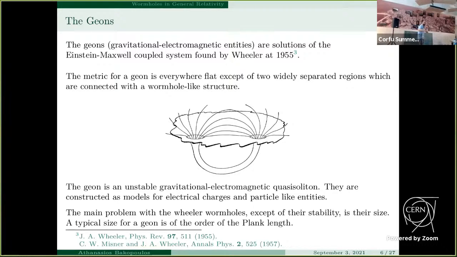Today, we could say that the Geon is an unstable gravitational electromagnetic quasi-soliton. They were also constructed as models for electrical charges and particle-like entities. The main problem with these solutions, except for their stability, of course, is their size. The typical size for a Geon is of the order of the Planck length.